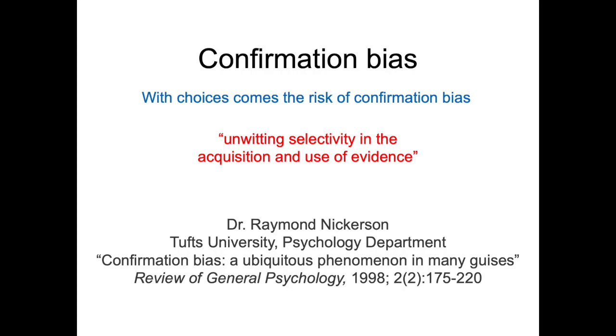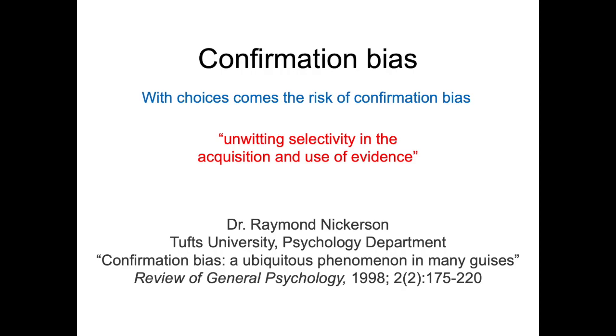Dr. Raymond Nickerson of Tufts University, in his classic article of 20 years ago on confirmation bias, defined the phenomenon as an unwitting selectivity in the acquisition and use of evidence. Unwitting because people don't do this consciously.